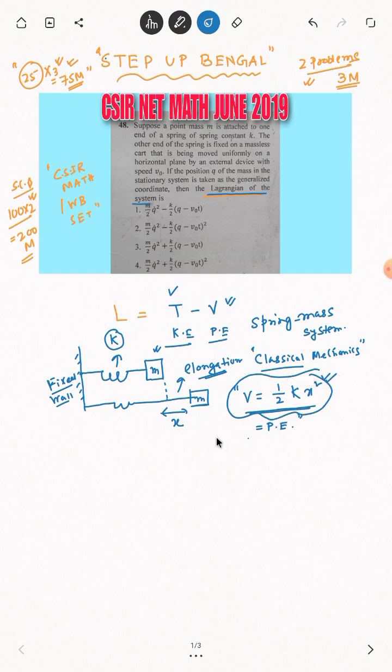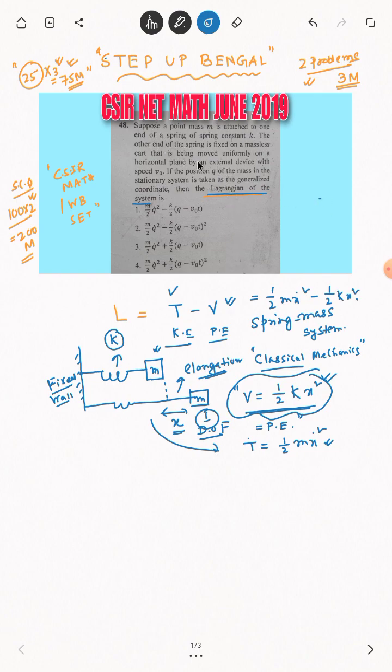And T, obviously, in this type of system, this is a single variable x, so DOF is 1, so half m x dot square. So ultimately the Lagrangian will be of the type half m x dot square minus half k x square. Now come to the question.